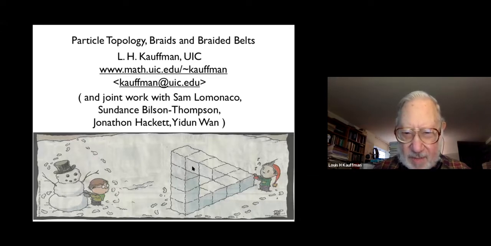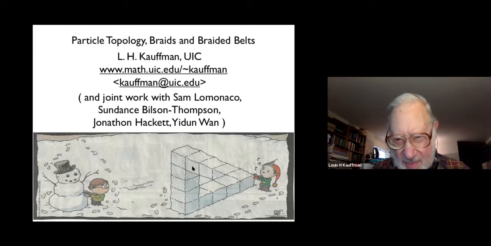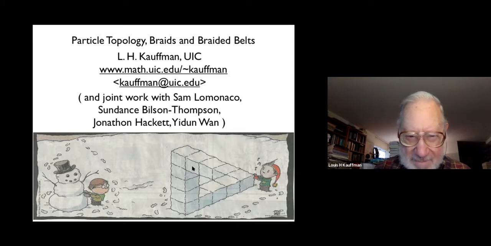Maybe the best diagram in the talk is the one you're looking at right now. I found this cartoon, and since it's the end of winter here, I thought it was a nice one to put up. The idea of a Penrose triangle made out of snow is enjoyable somehow.